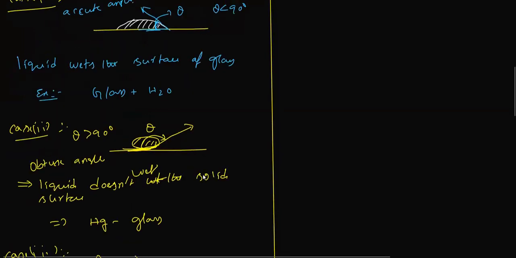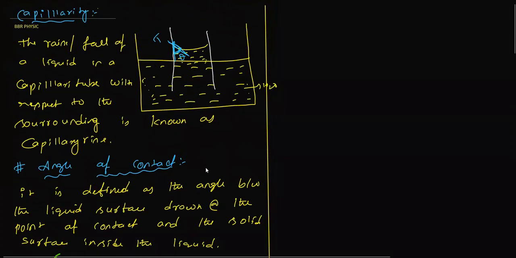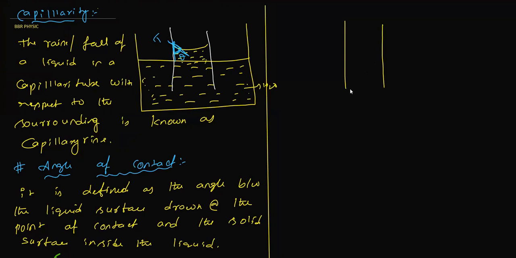Capillary rise is nothing but rise or fall. In this case, we can discuss the meniscus, concave and convex. For example, we have one capillary tube of fine bore, like this.